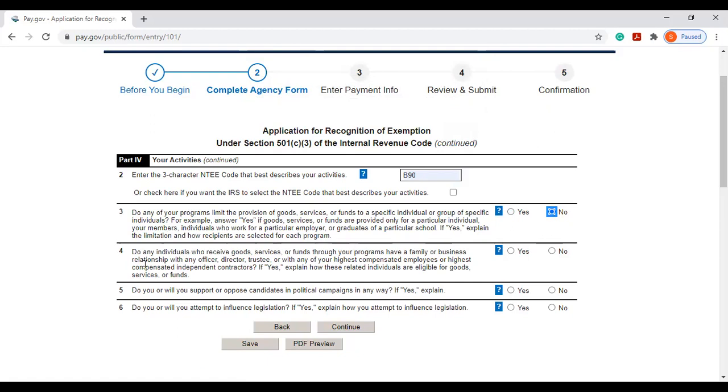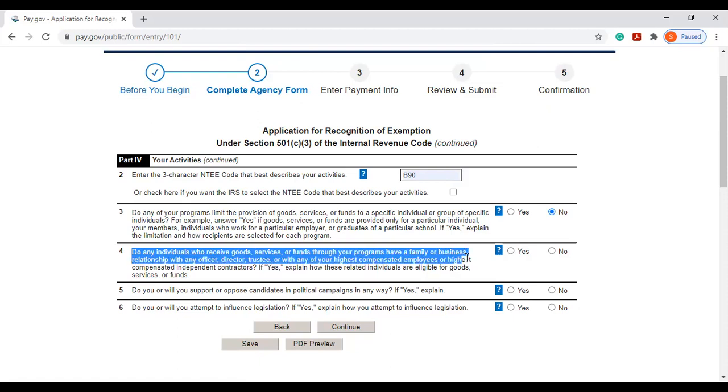Same thing here. Question 4 on the part 4. Do any individuals who receive goods, services, or funds through your programs have a family or business relationship with any officer, director, or trustee, or with any of your highest compensated employees or highest compensated independent contractors?